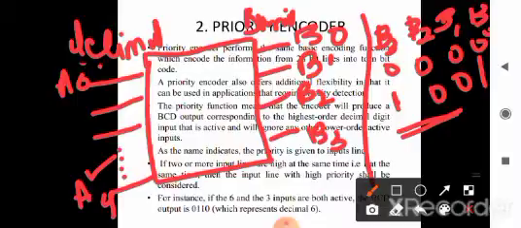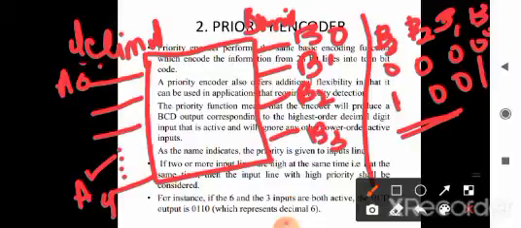If you give any decimal or hexadecimal input that is coded to a binary value, we call that encoding. Okay, fine. Next we will see the priority encoder.